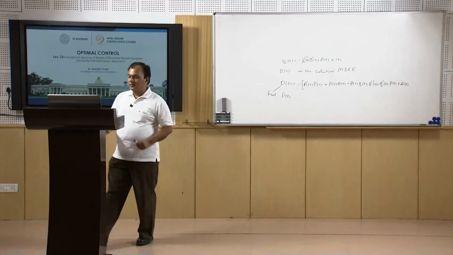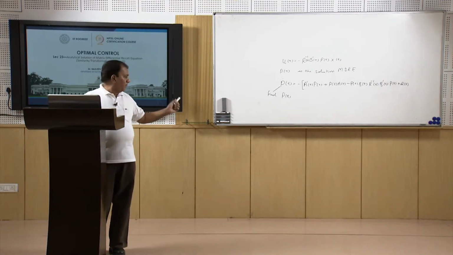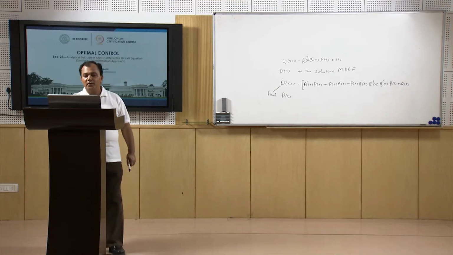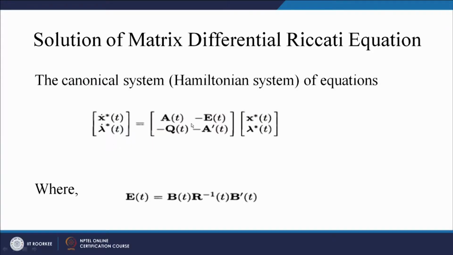In this formulation we start our solution with the Hamiltonian system, given as x dot(t), lambda dot(t) equal to the matrix A, minus E, minus Q, minus A prime, multiplied by x(t), lambda(t). This is nothing but a set of first order differential equations, similar to x dot equal to Ax.